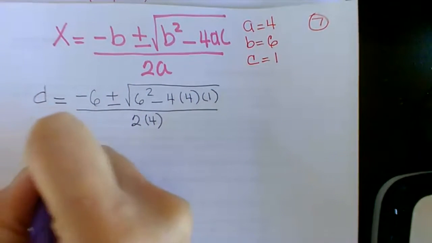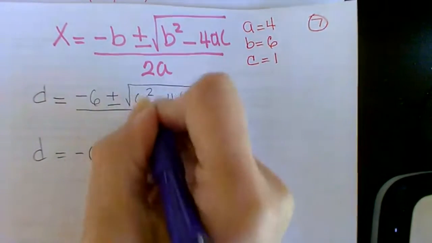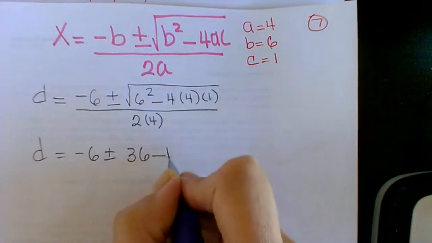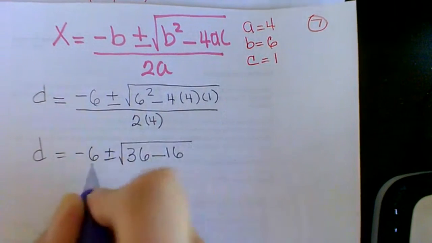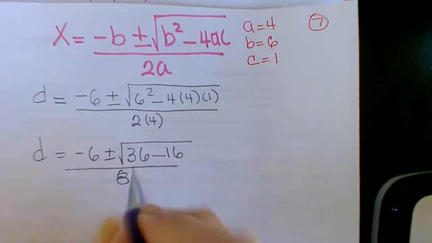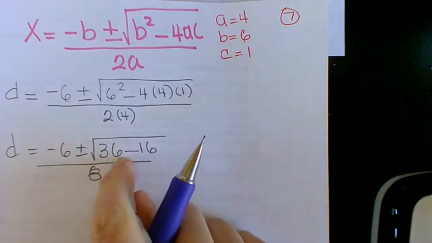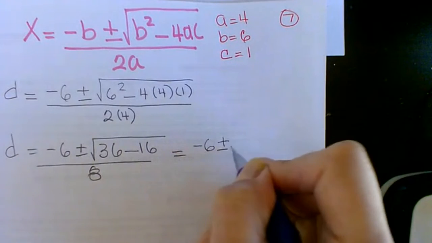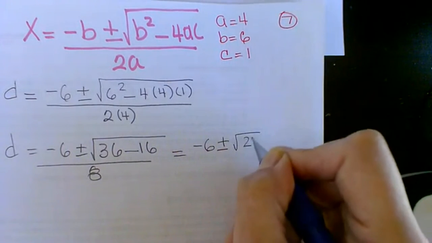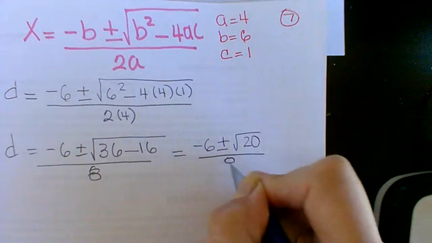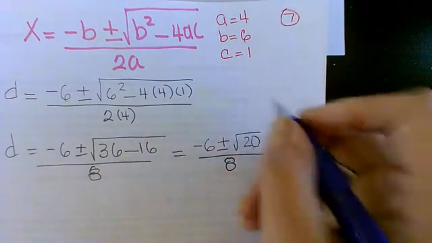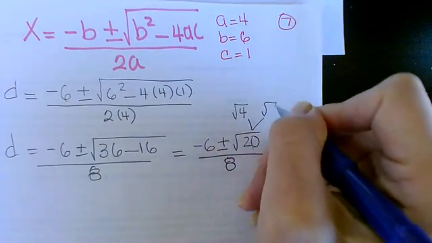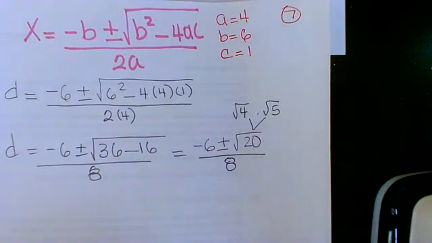So what do I have here? 6 times 6 is 36, and this is equal to negative 16. 4 times 2 is 8. So 36 minus 16 is 20, divided by 8. The square root of 20 is equal to what? The square root of 4 times the square root of 5.